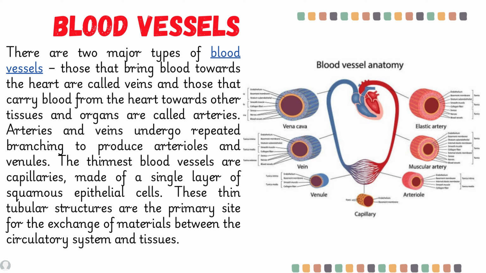Arteries and veins undergo repeated branching to produce arterioles and venules. The thinnest blood vessels are capillaries, made of a single layer of squamous epithelial cells. These thin tubular structures are the primary site for the exchange of materials between the circulatory system and tissues.